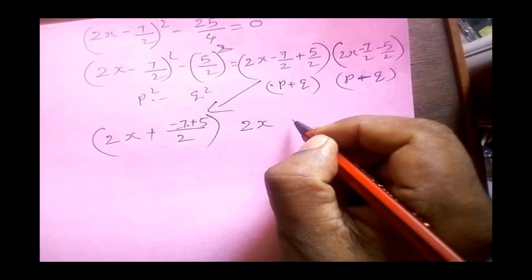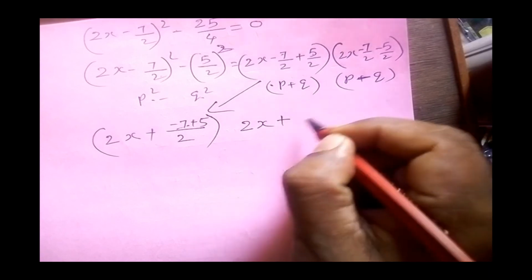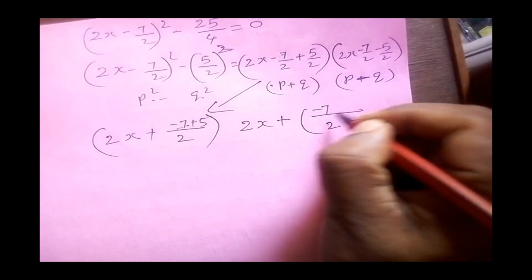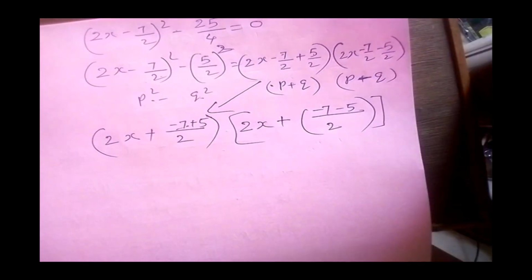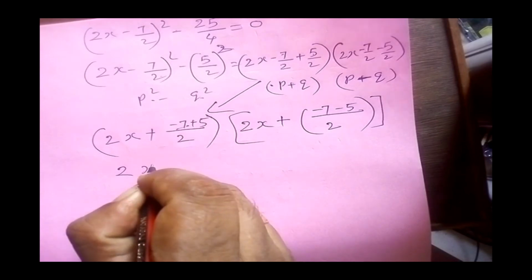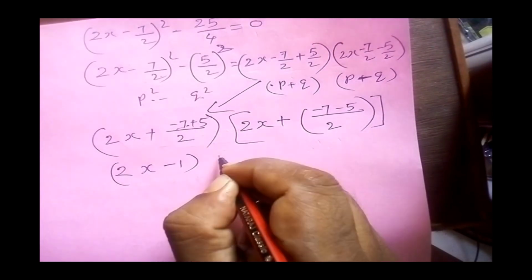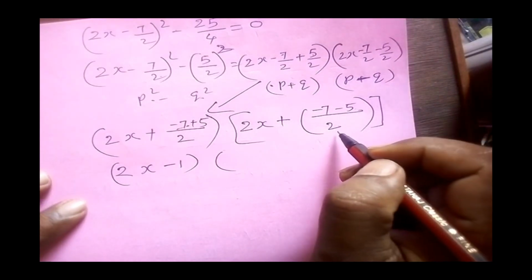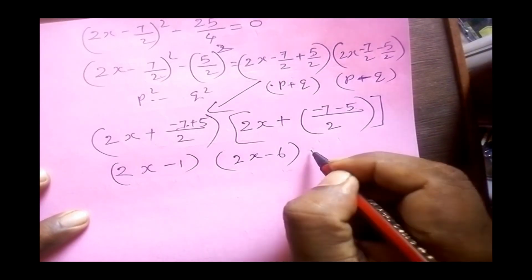Again 2x plus here 2 minus 7 minus 5. So this is equal to 2x minus 2 by 2, minus 2 by 2 is minus 1, into here it is minus 12. Minus 12 by 2 is minus 6. So 2x minus 6 equal to 0.